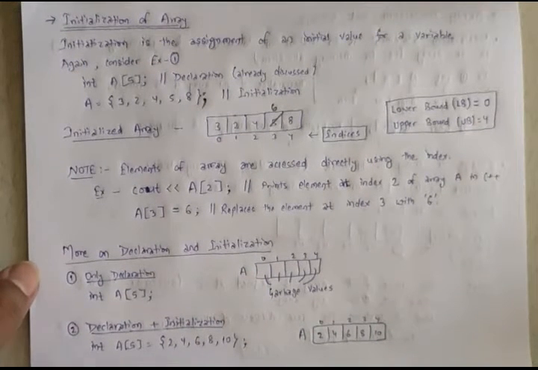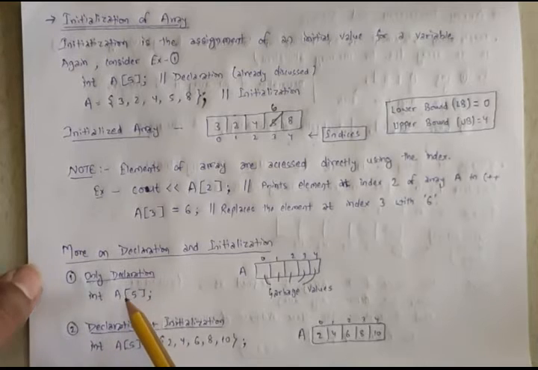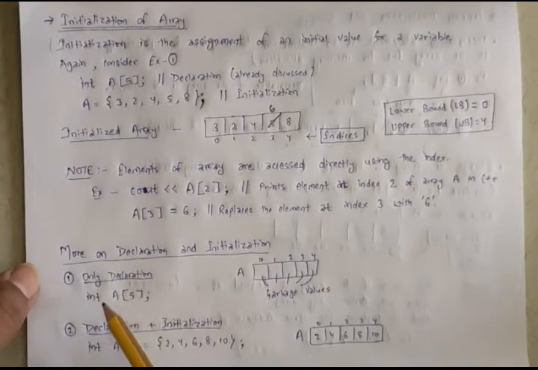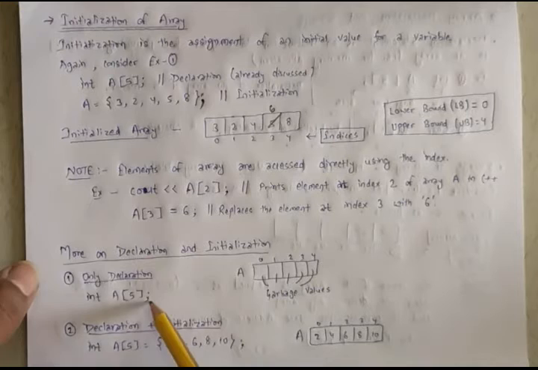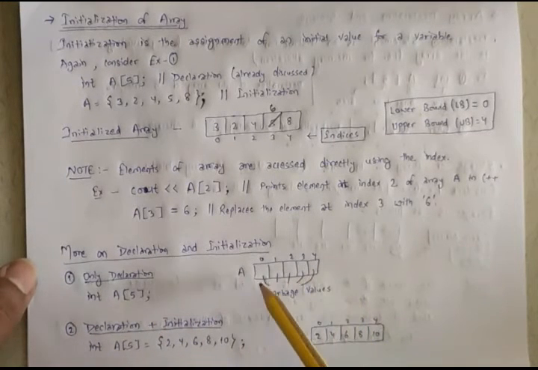We have already seen this type of declaration in which we did only declaration, meaning no initialization has been done till now. In this case, when we only declare the array, all the elements of the array would be garbage values.